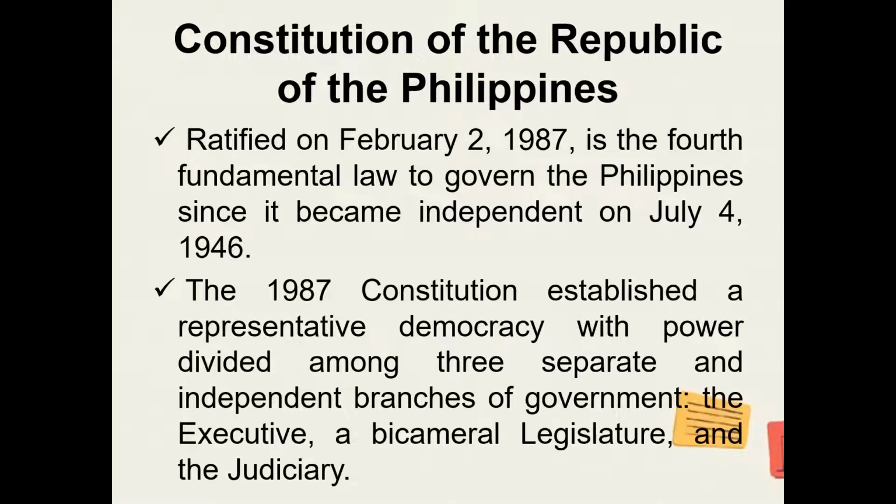The 1987 Constitution established a representative democracy with power divided among 3 separate and independent branches of government: the executive, the bicameral legislature, and the judiciary. So there are still 3 branches of government. As we all know, it's part of the requisites of a good written constitution. So there must be a constitution of government.